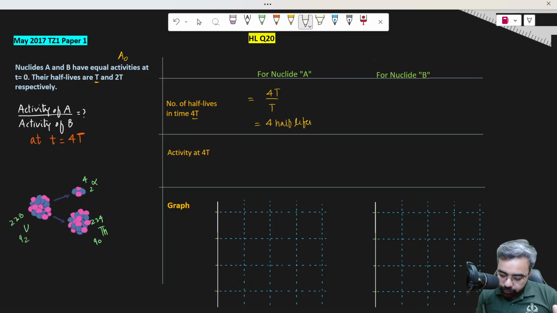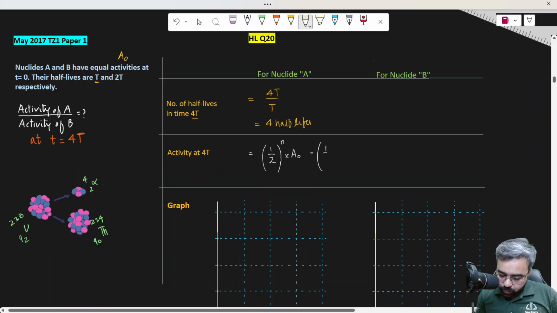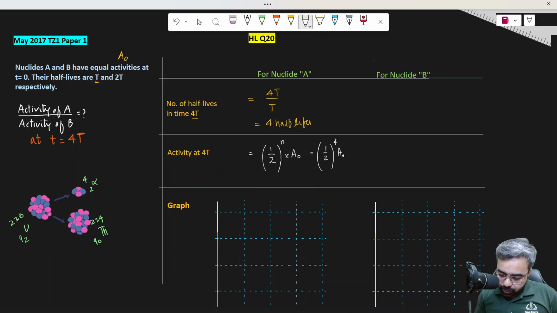So I will simply apply this equation: (1/2)^n, where n is the number of half-lives, multiplied by the initial activity. So it will be (1/2)^4, because there are four half-lives, and finally it will become A0 over 16. So this is the activity of A after four half-lives.